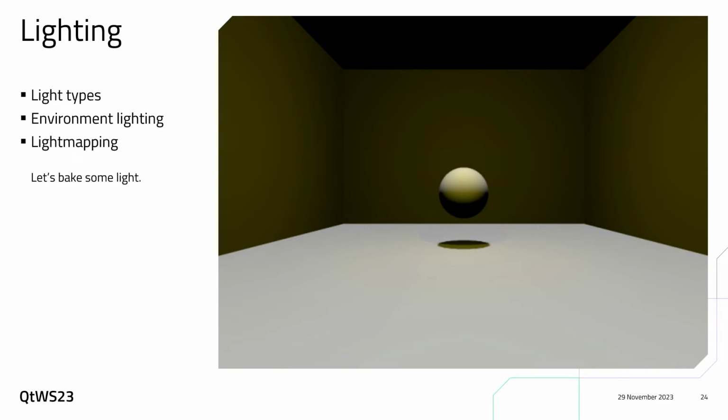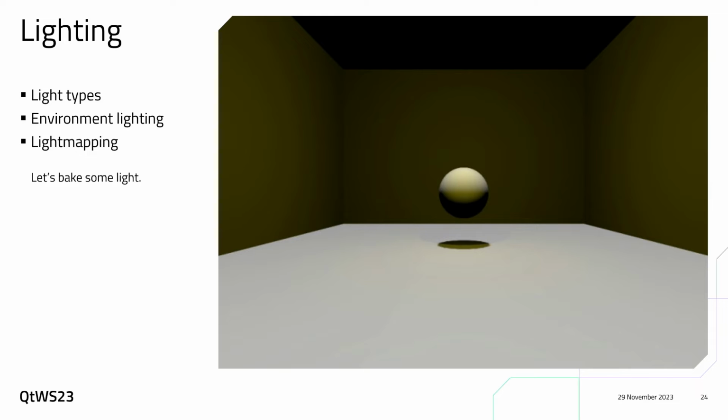Light maps are textures, and light mapping is a process where we render the lights. It is like offline rendering, but instead of rendering the frame that the camera sees, we can bake lights into the textures for future use in run time.